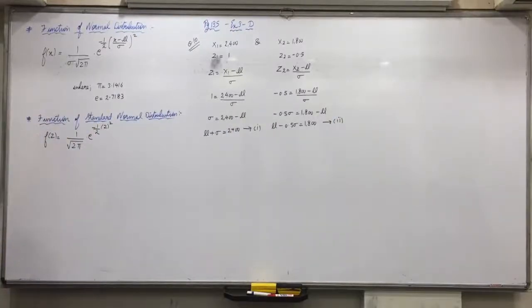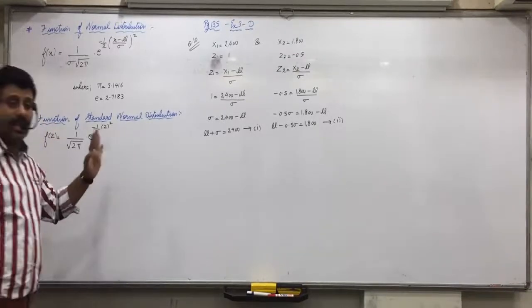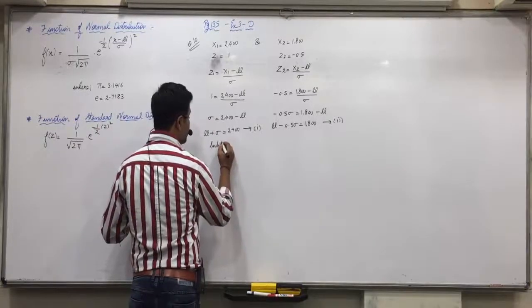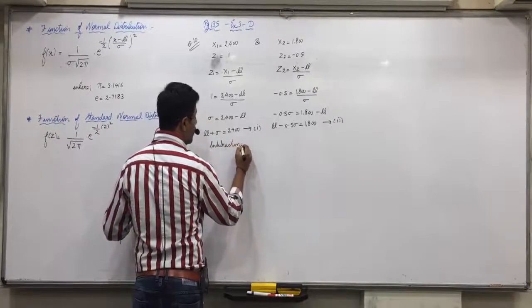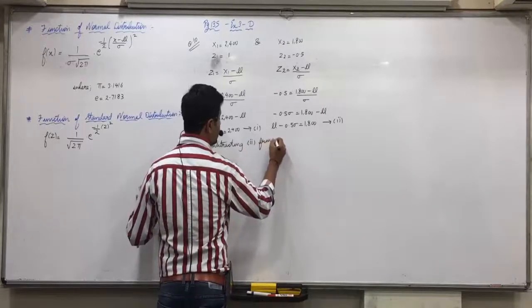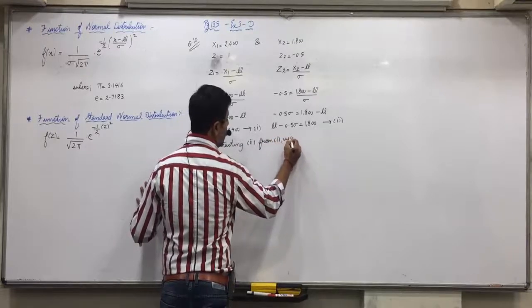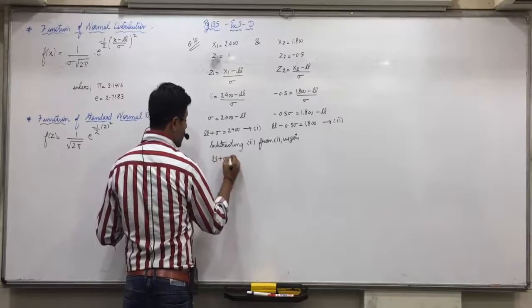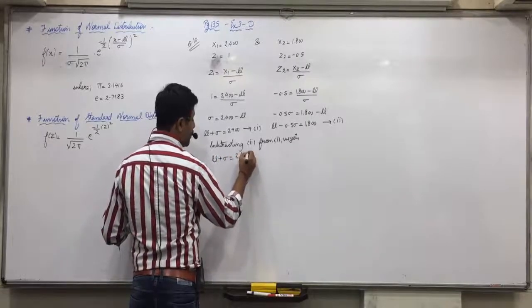Now solving the two equations, you need to find the value of mu and sigma. Always do bigger minus smaller. Like 2400 and 1800, which one is bigger? So do 1 minus 2. You'll get the value of sigma directly, because mu will get cancelled. It is subtracting 2 from 1. We get, so bigger one will write first, mu plus sigma equals 2400.